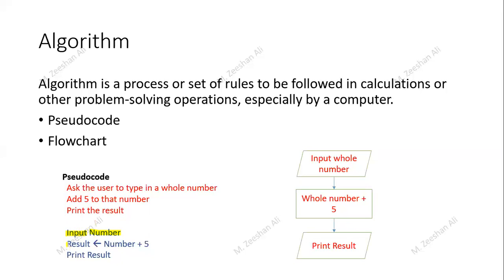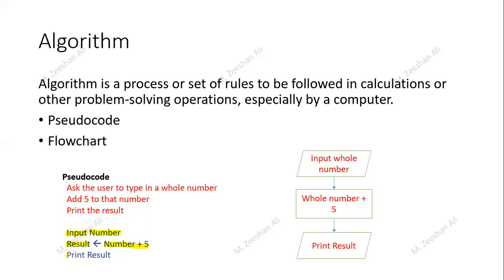Secondly, we are creating another location in the memory, named result, and we are going to save into it the total of number and 5.